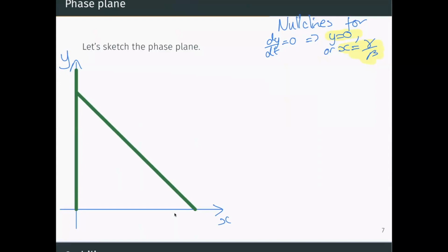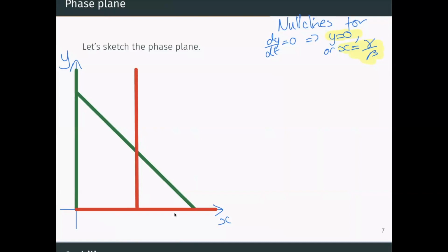Then we have another null line, dy/dt equal to 0, when y is equal to 0, or, as we've just found, when x is equal to gamma over beta. Now, I'm drawing in this particular orientation. I don't know that there is an intersection here, but we can show that this intersection exists if we have beta greater than gamma.